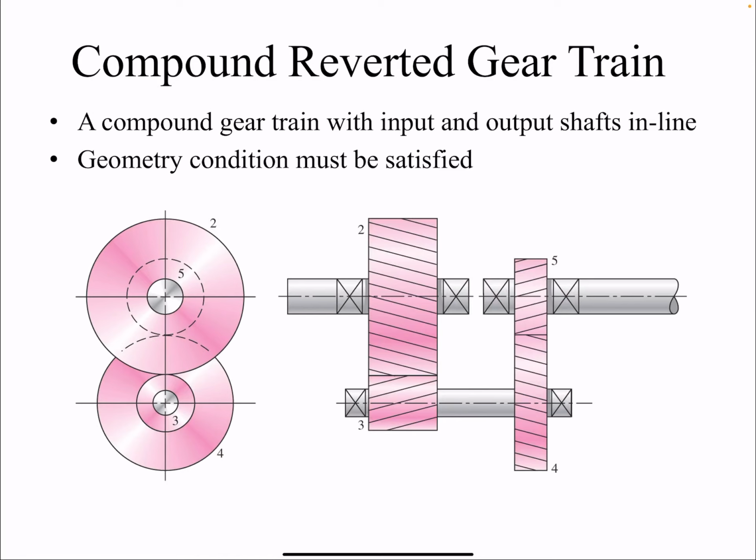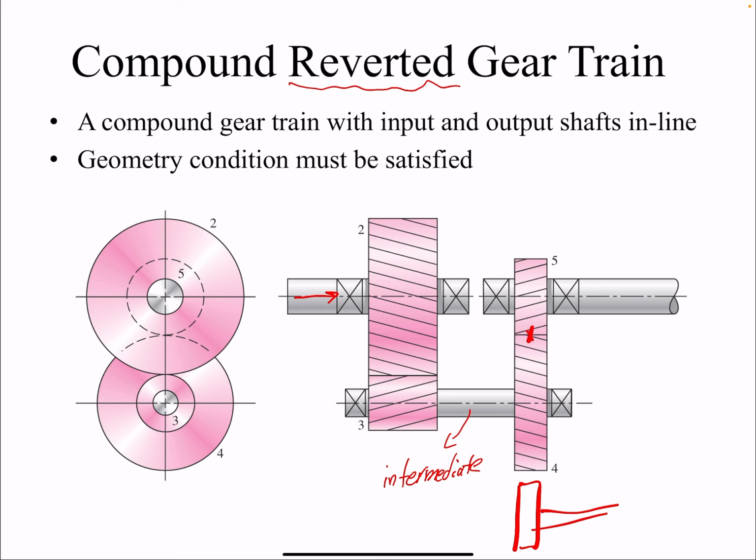Another type of gear train which is more common is the compound reverted gear train. Reverted means that if this is your input shaft, you go to an intermediate shaft, or an idler shaft. This is your intermediate. And instead of putting the gear here and then going on with your shaft, you bring it and put it back here.